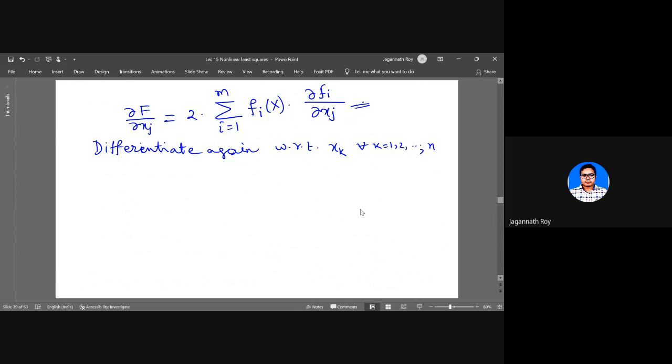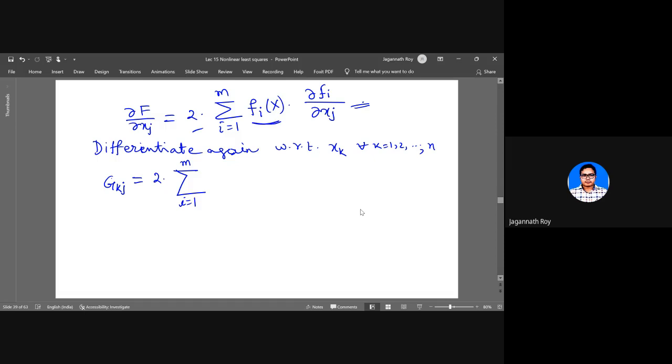So for this case, let us write g_kj. Okay. If you differentiate it, what will happen? So 2 will be there, already 2 is there. Then the summation from i equals 1 to m is there, right?